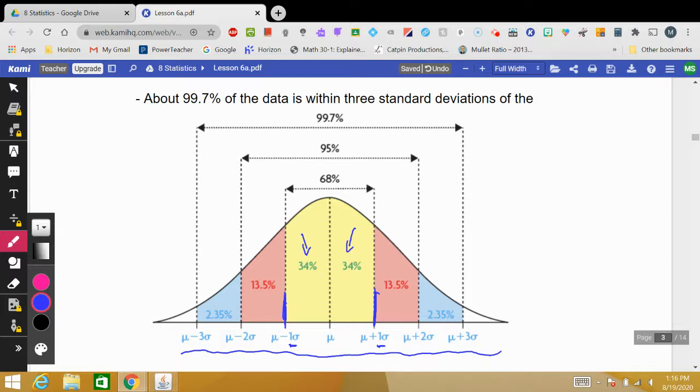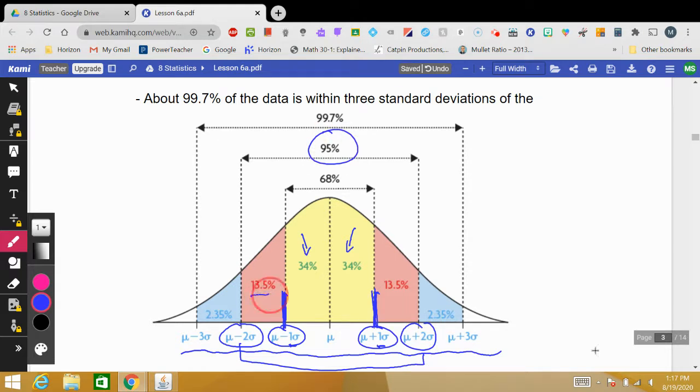So if you go from 1 up to 1 down, so 68% of your, let's say we take the class average on a test, okay? And I find the standard deviation using the methods I've shown you in other lessons. 68% of you should score between this number and this number. Okay? If we go to our next jump, so within 2 standard deviations, 95% of you.